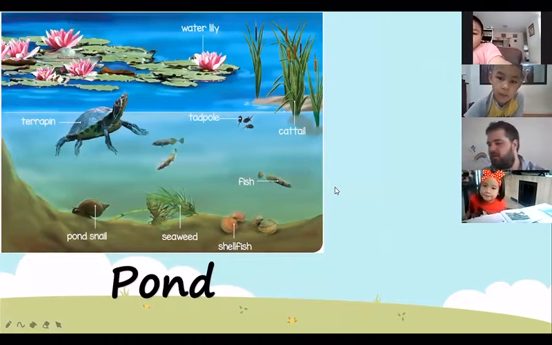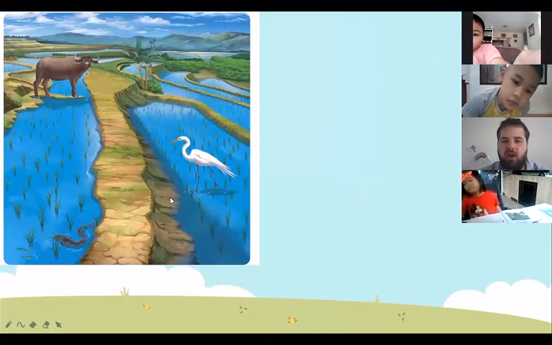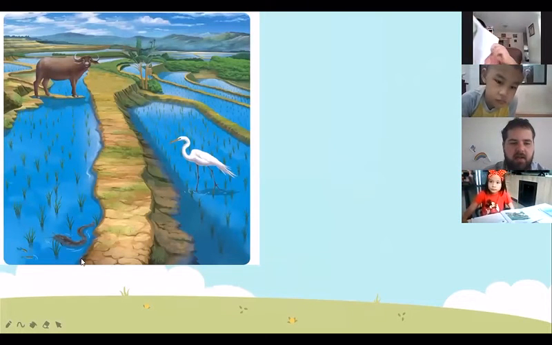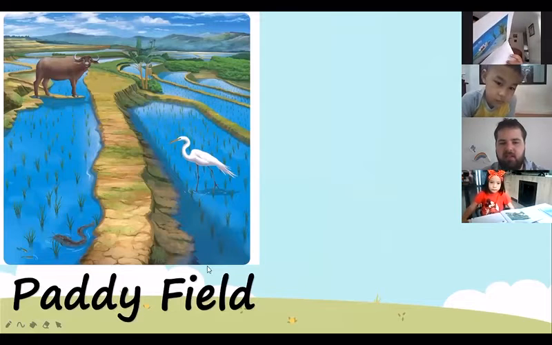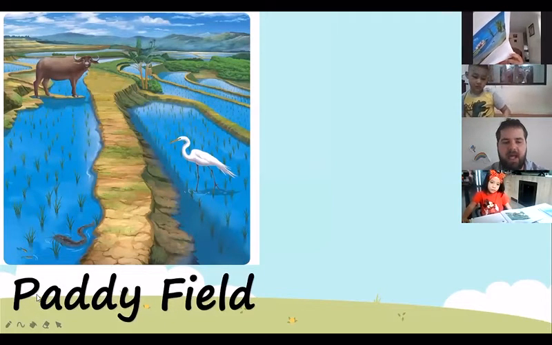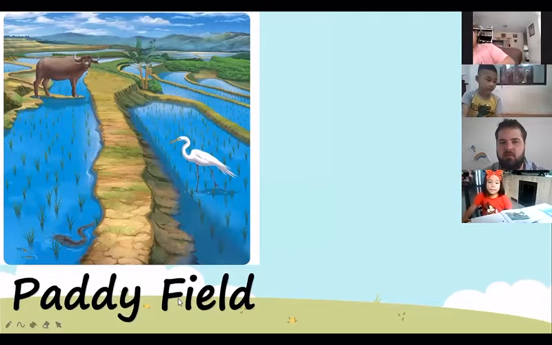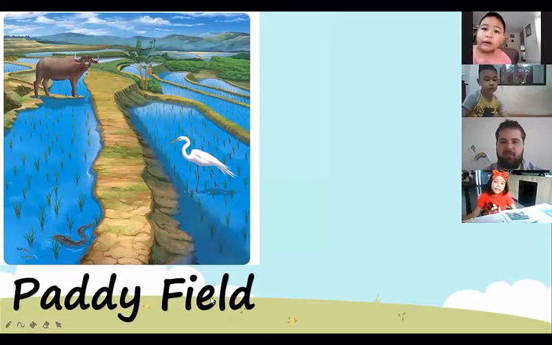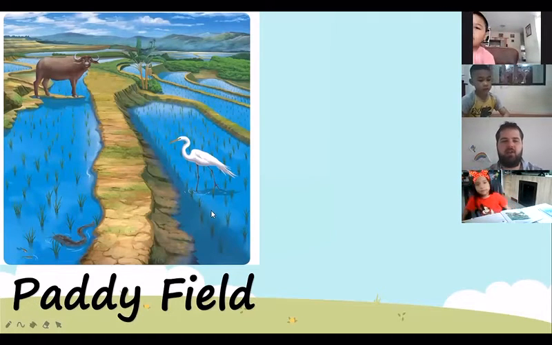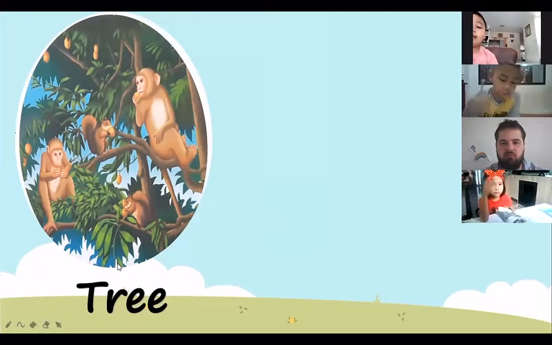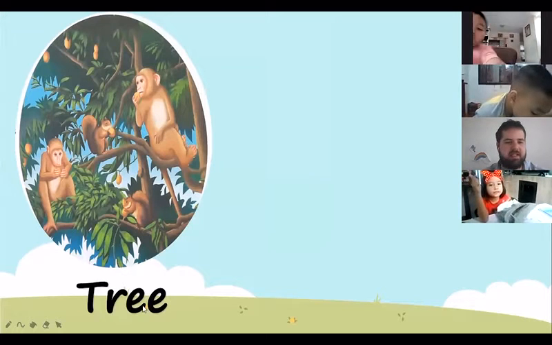Okay, very good, everyone. I'd like us to go over our habitats one more time. So what habitat is this? Paddy field. Very good. Our next one. Tree. Very easy.